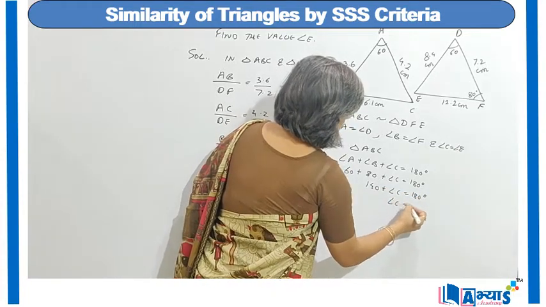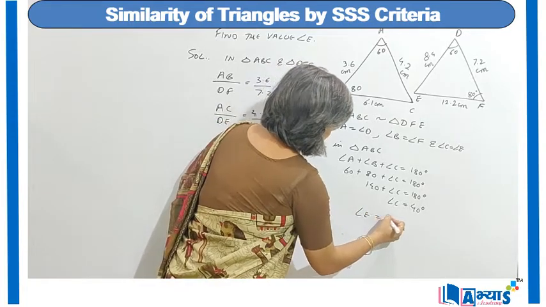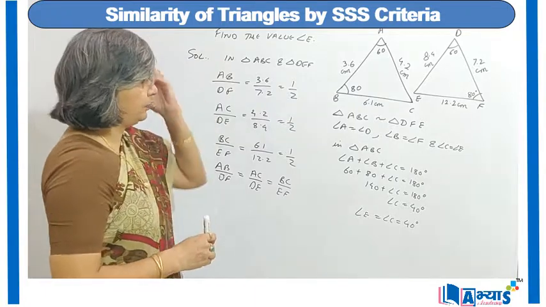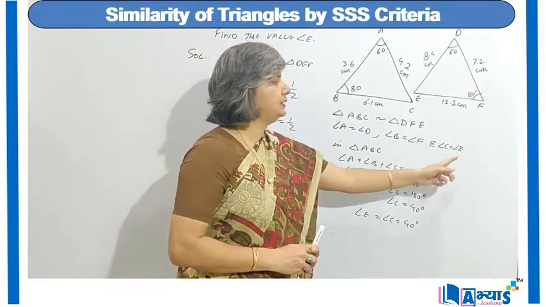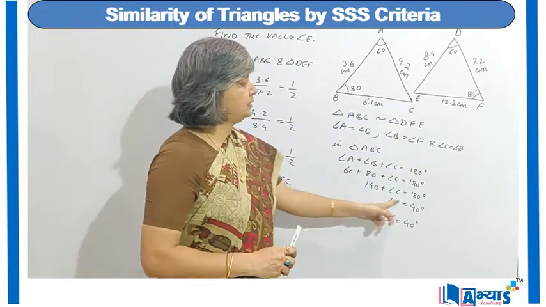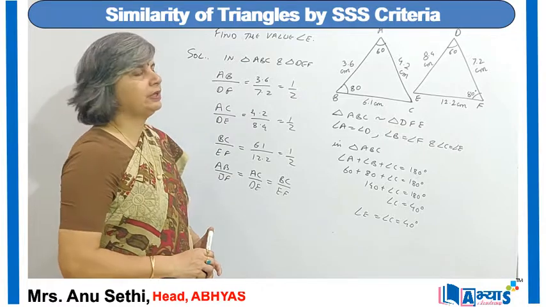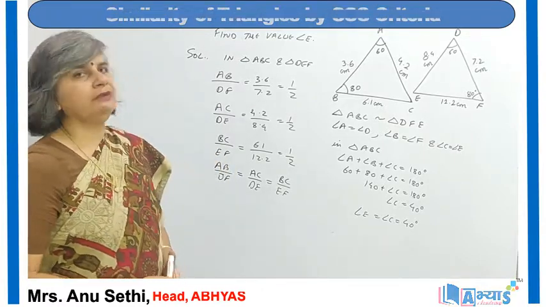So angle C is equal to 40 degree. So we can say angle E is equal to angle C is equal to 40 degree, because we know from the statement that A is equal to D, B is equal to F, and C is equal to E. Now as angle C is 40 degree, angle E will be 40 degree. So this is how we can apply the concept of the SSS criteria of similarity and find the value of angle E.